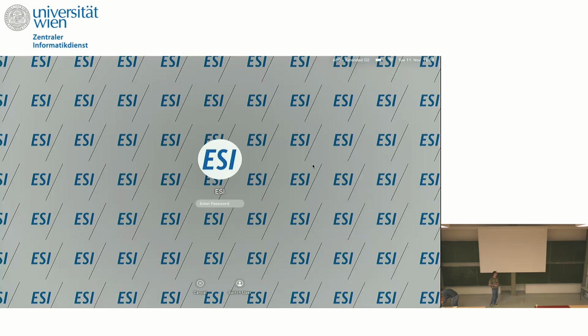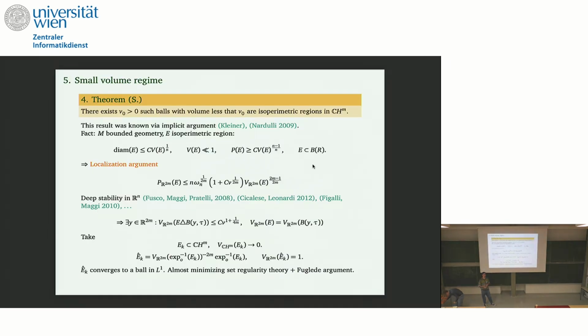You prove that there are almost minimizers. You apply regularity theory for almost minimizers. You gain L infinity closeness, and eventually you gain regularity, and then your stability result for C1 perturbations kicks in, and you prove that those are actually spheres for small enough volume.